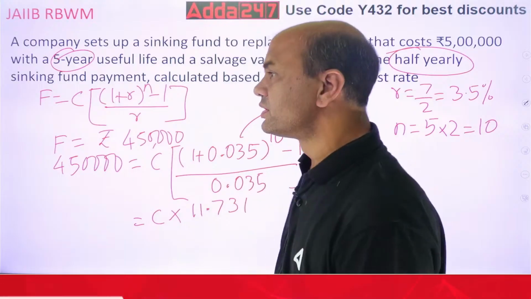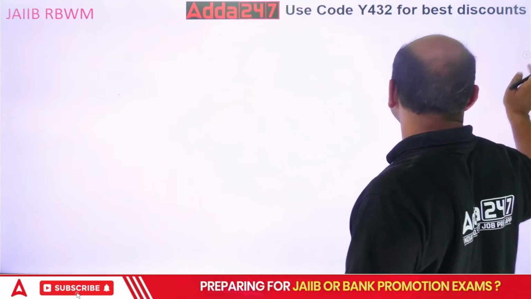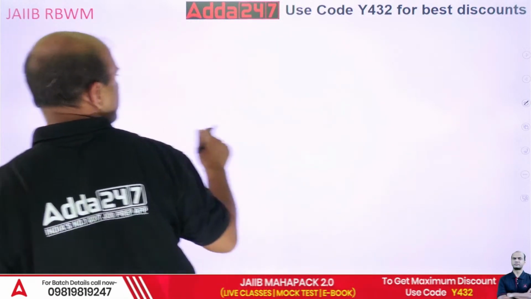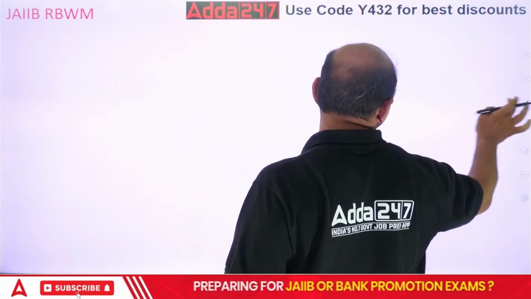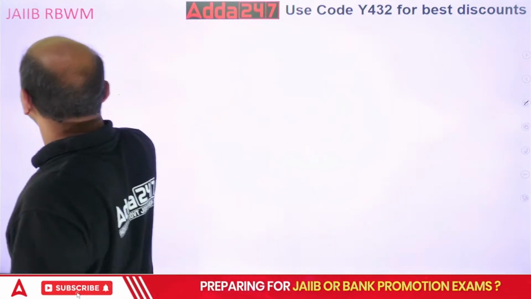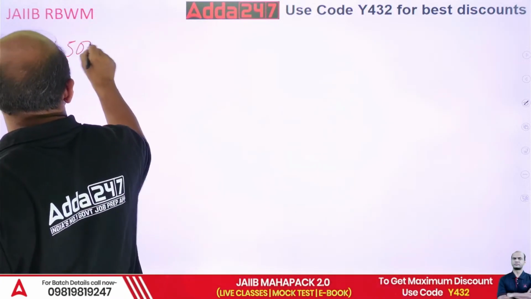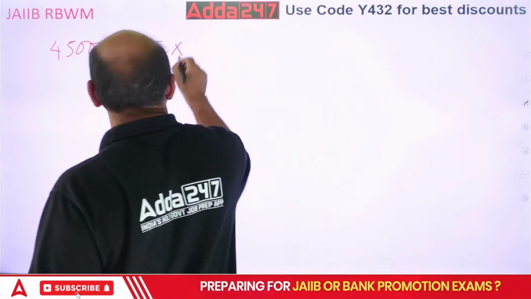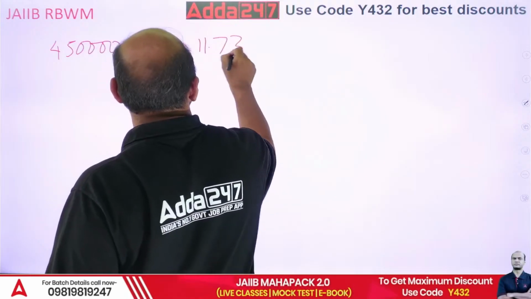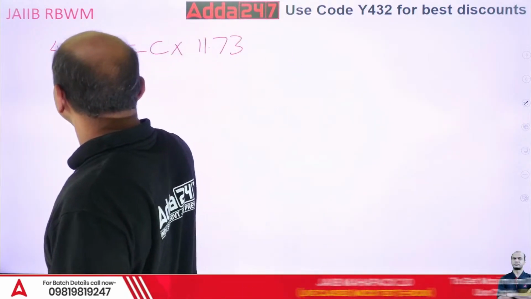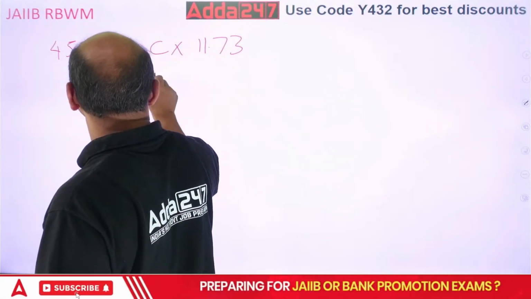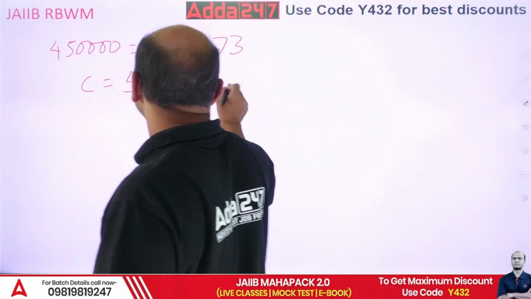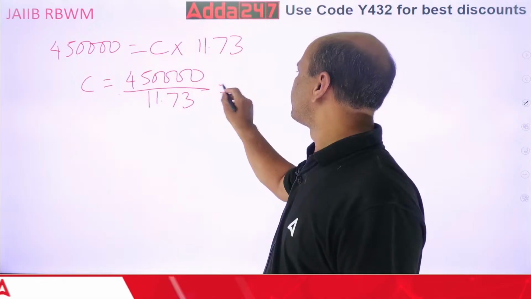So, let's write it again. 4,50,000 equals C into 11.73. So now find out C. C equals 4,50,000 divided by 11.73. Getting this, everyone?